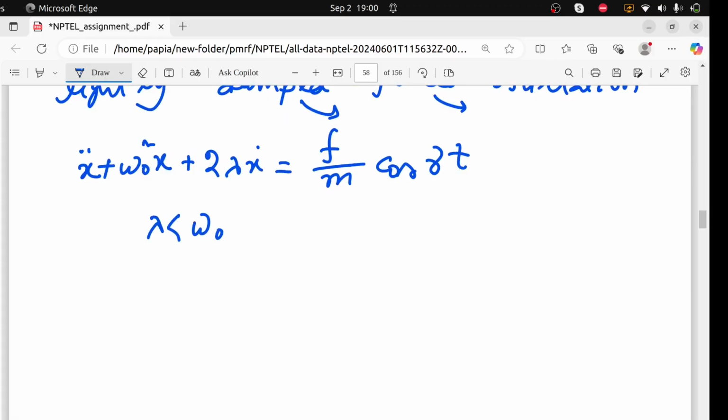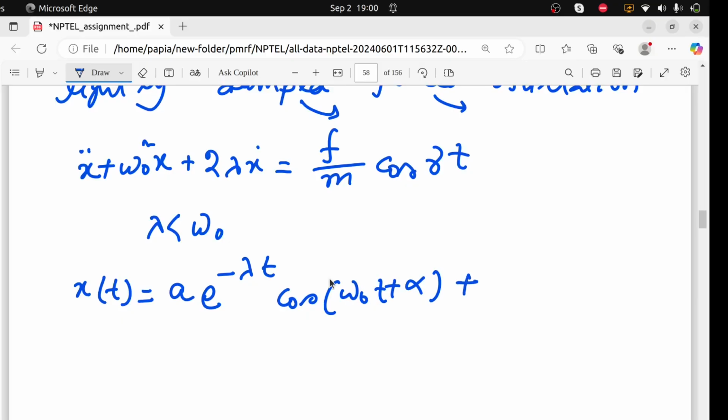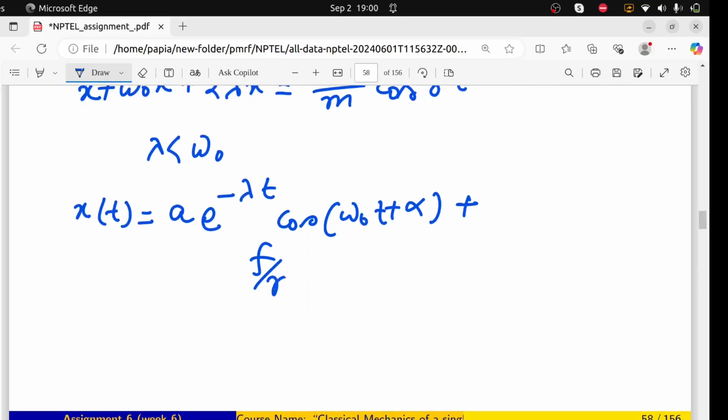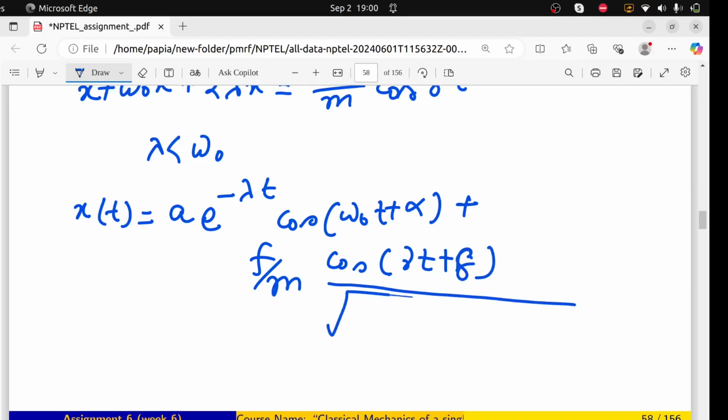The solution for this equation I can get from the calculation, and this is A e to the power minus lambda t cos(omega 0 t plus alpha) plus (F by m) cos(gamma t plus delta, or beta) divided by the root over (omega 0 square minus gamma square) whole square plus 4 gamma square lambda square.